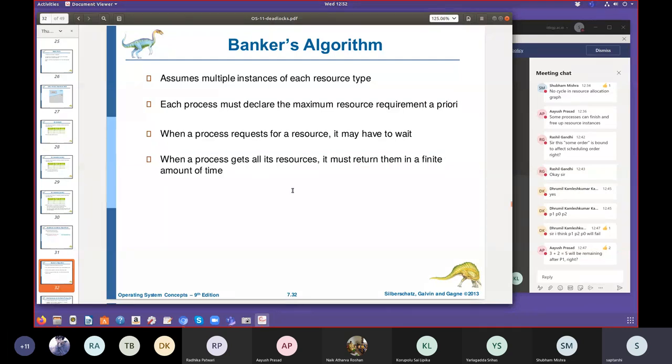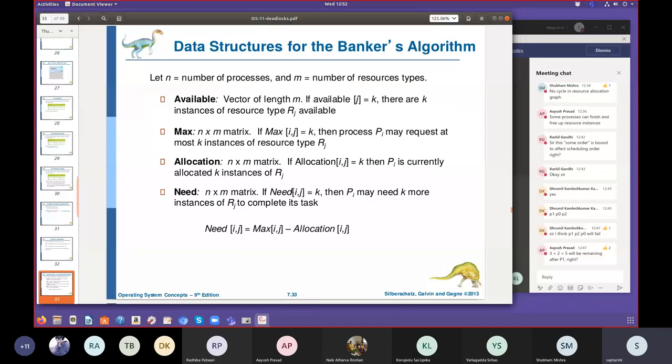Okay. So now Banker's algorithm considers these arrays or vectors, if you think. Actually, the algorithm is quite simple, but it uses lots of data structures and vectors. Let n be the number of processes and m be the number of resource types. There is a vector available which stores how many instances of which resource type are available.